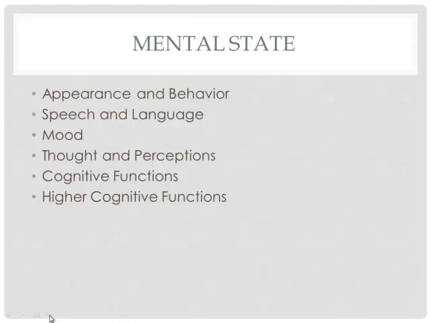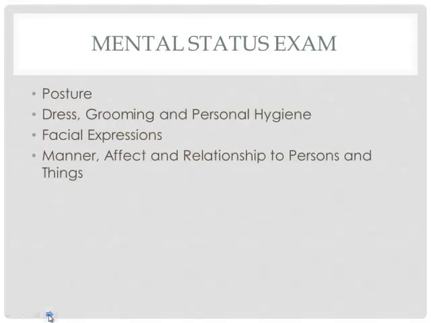The first is their appearance and behavior, the second their speech and language, third is their mood, fourth their thoughts and perception, and then 5 and 6 are their cognitive functions. So let's break these down a little bit farther, and let's take a look at their appearance.